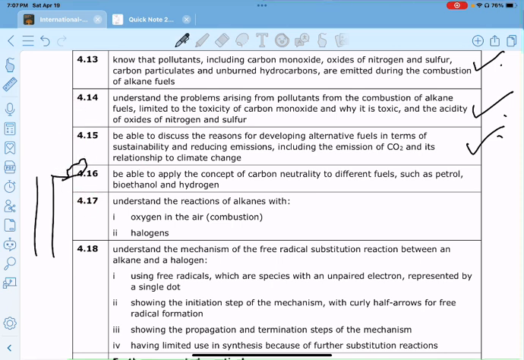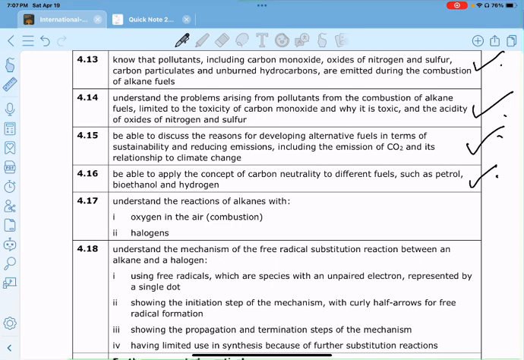And as the tree is burnt, carbon dioxide is released. So the total net movement of carbon dioxide is zero throughout its life after it's burnt. That's why it's said to be carbon neutral, okay? Different fuels are either carbon neutral or non-carbon neutral. Burning petrol is not carbon neutral, but hydrogen fuel cells are carbon neutral, okay? So we're supposed to know those kinds of things.